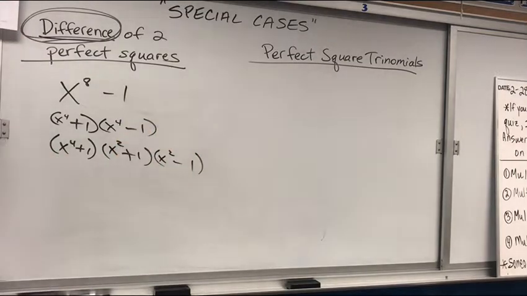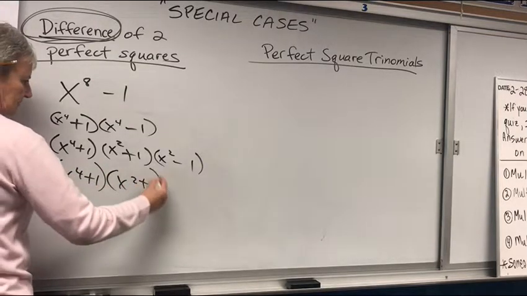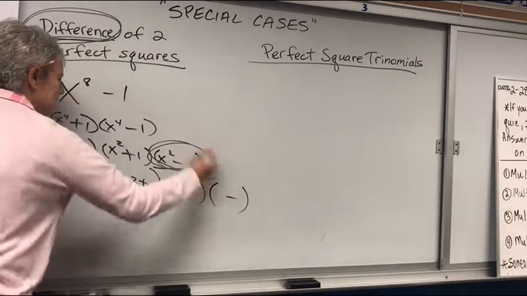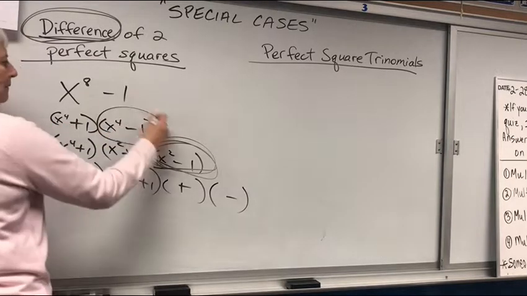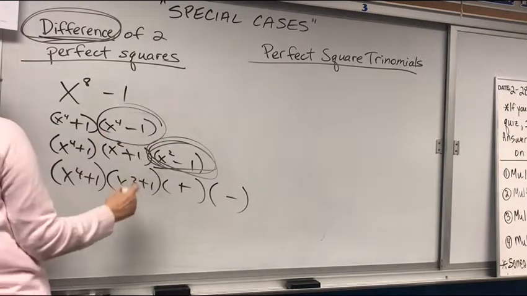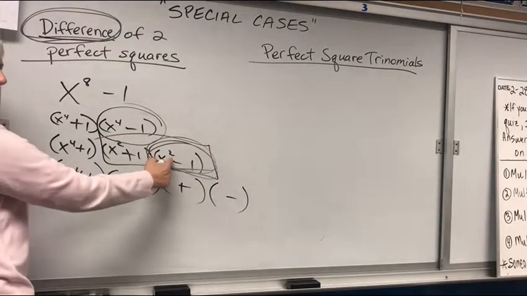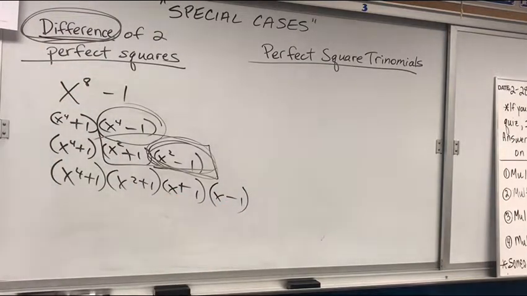Everybody misses this one. If they factor, and this is the problem that was on the test last year, everybody left it as this. They didn't take it one more step. Always check: do I have two perfect squares, and is it subtraction? Okay? All right?